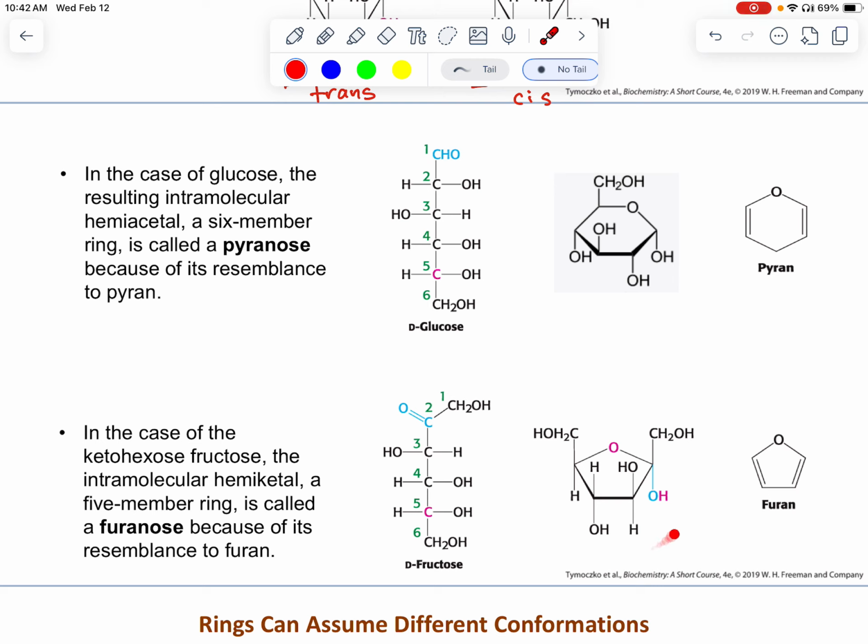As I look at my 5-member ring, they are often called furanoses as a class of compounds, furanoses, 5-member rings, because of their similarity to this.